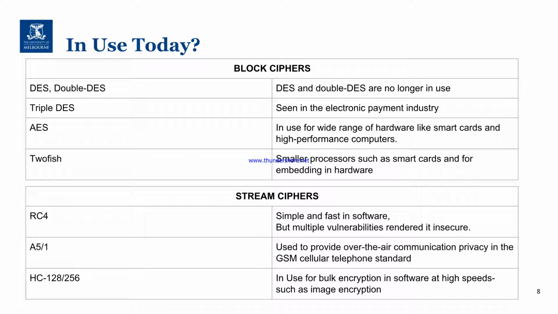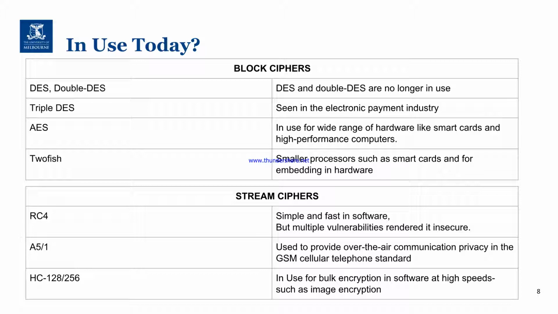To see their commercial utilization today: in block ciphers, DES and double DES are no longer in use, but triple DES is still seen somewhere in the electronic payment industry. AES is widely used, and for high performance computing, and the Twofish algorithm is somewhere used in smart cards and embedded hardware.